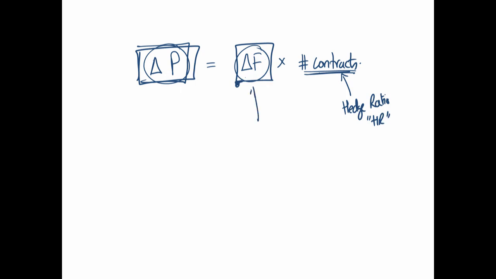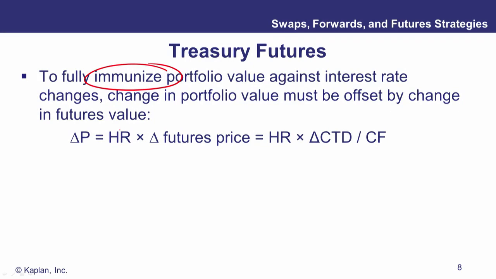Of course, we already know that delta F can be expressed as delta CTD divided by the conversion factor. Okay, so that is a key relationship. We did that off slide. So that's where this little relationship is coming from. To get the number of futures, this hedge ratio, number of futures contracts, we want that number of contracts to scale up a change in futures price and offset the change in the portfolio.